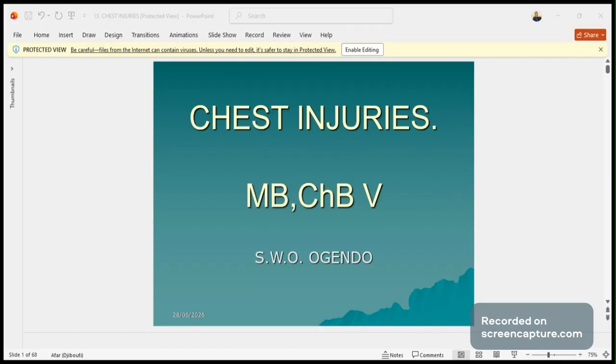There are two major forces within the chest which lead to injury: either compression force or distraction force. Compression results in disruption of vascular components, causing hemorrhage, that is bleeding, and edema, because if you have hemorrhage then there will be swelling and impairment of function. The distraction injuries usually result in shearing forces which destroy the integrity of intrathoracic structures.